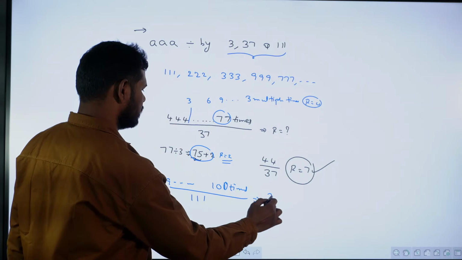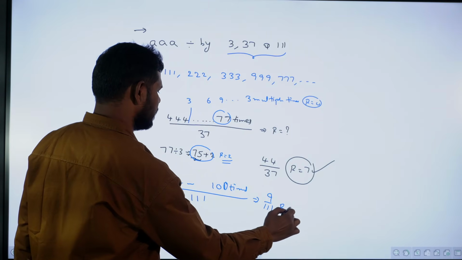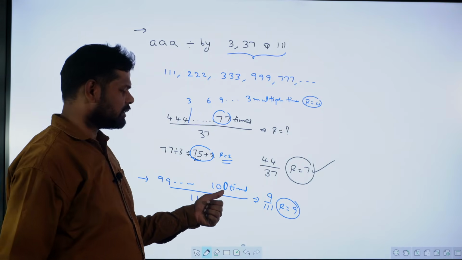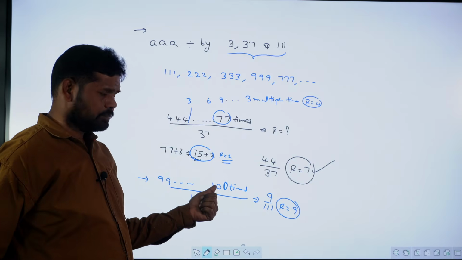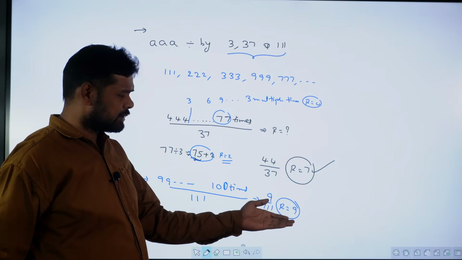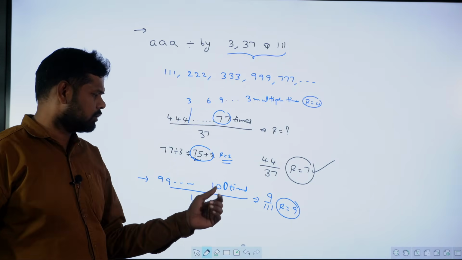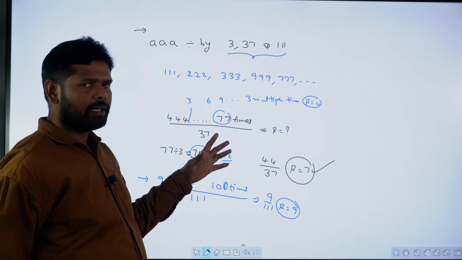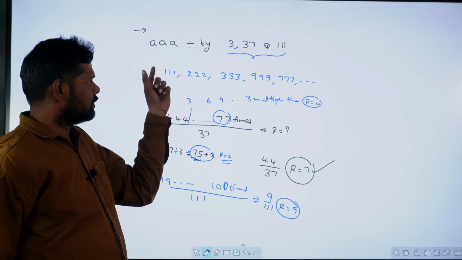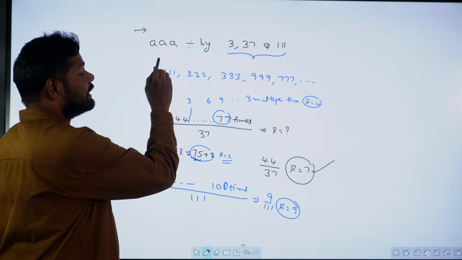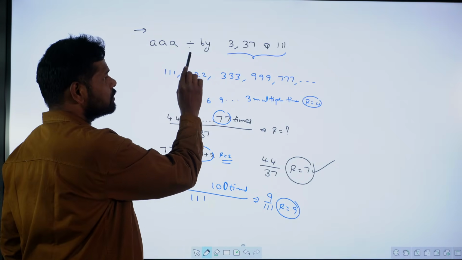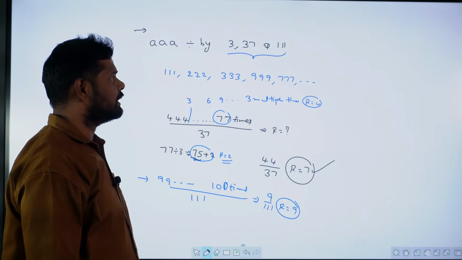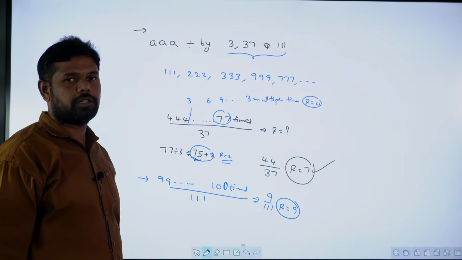So 9 by 111, the remainder is 9. If 101, then 99 by 111, the remainder is 99. So it could be 100 times, 1000 times, 500 times, whatever it is. Very easy to guess. You need to remember this point: any digit repeated 3 times, those numbers are always divisible by 3, 37 and 111.